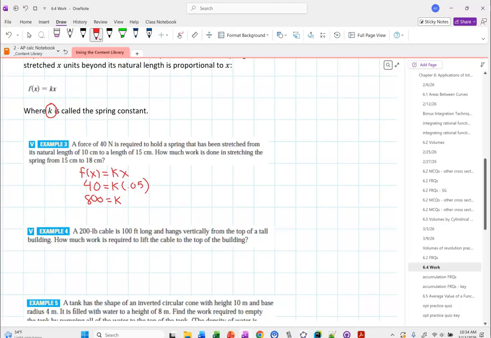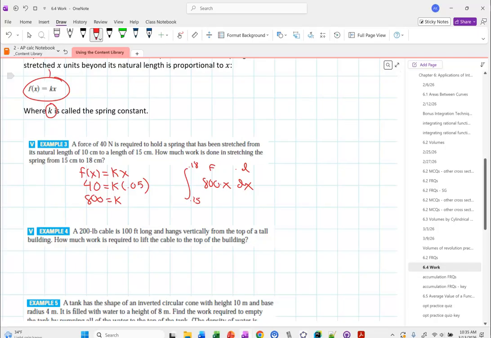So k is 800, I think. All right. How much work is done then stretching the spring from 15 to 18 centimeters? That's a difference of 0.03. The work is the integral of 800x times dx, right?